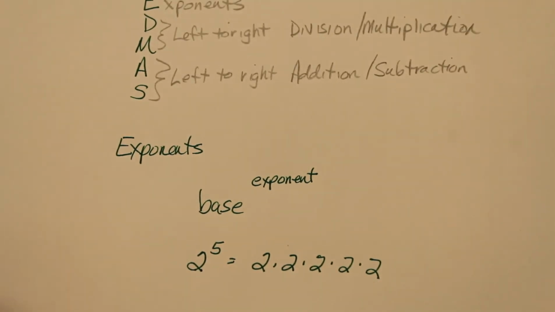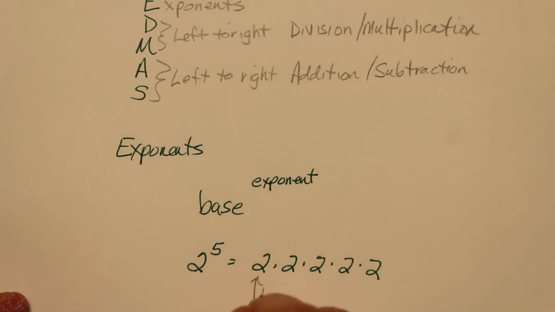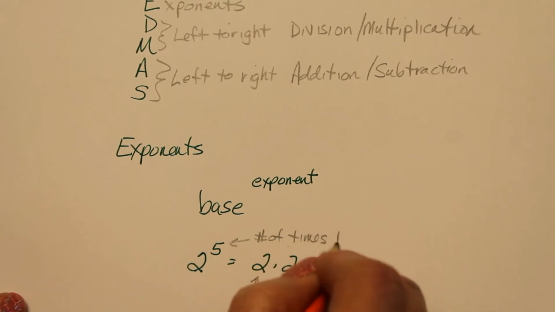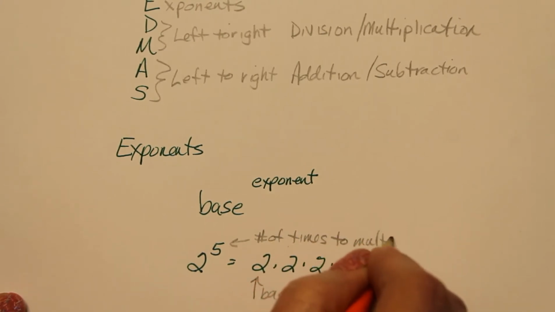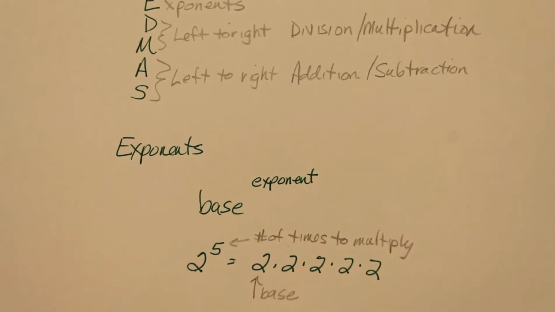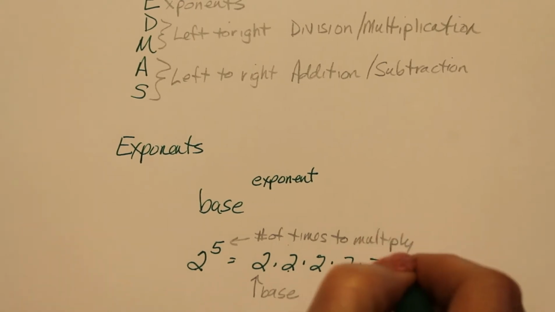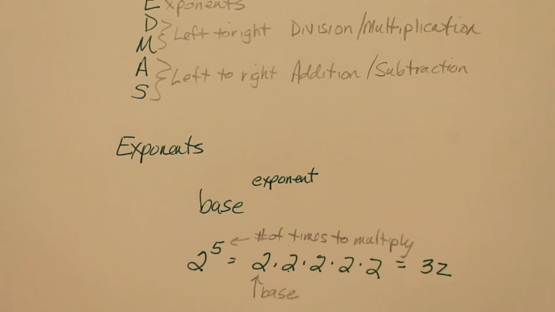So this is the base multiplied by itself the exponent number of times. So what is 2 to the 5th? 2 times 2 is 4, times 2 is 8, times 2 is 16, times 2 is 32. We would say 2 to the 5th is 32.